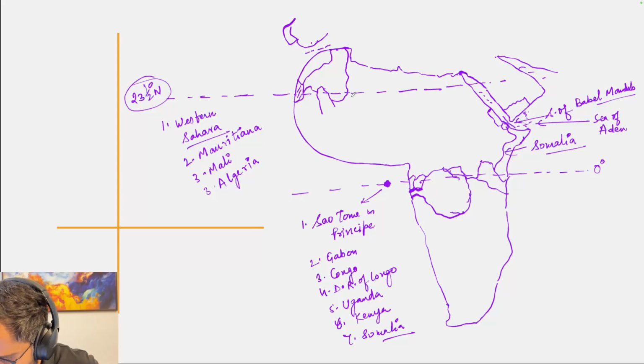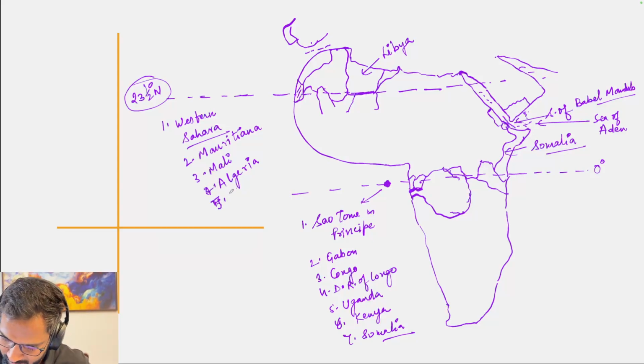Then after Algeria, you'll find a big country called Libya. Till here, this country is Libya. And on the southern side, you'll find another country, Niger, a small country. So this was fourth, I'm sorry, this fifth is Libya.